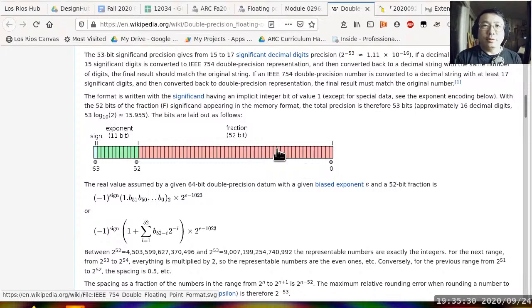Every little cell within this picture is 1 bit, and they number bit 0 all the way up to bit 63. So what this is telling you is an IEEE double precision floating point number takes up 64 bits or 8 bytes. It is broken down into 3 distinct portions, which are color-coded here.